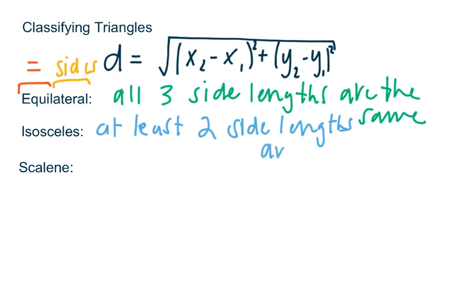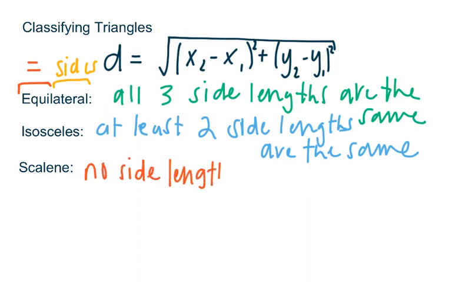And that means our last one, our scalene, is going to be that no side lengths are the same. Alright, so that is how we would classify our triangles.